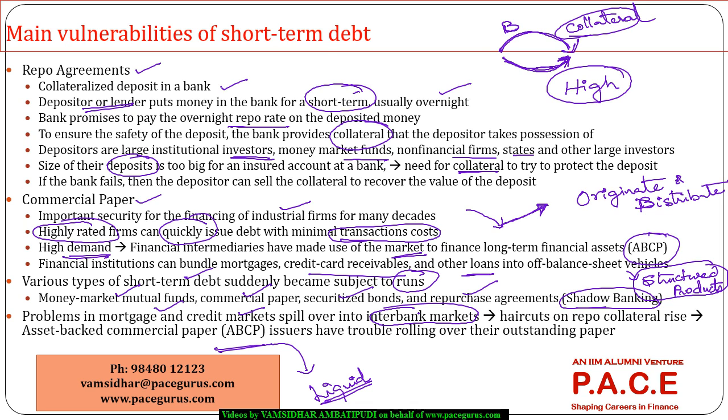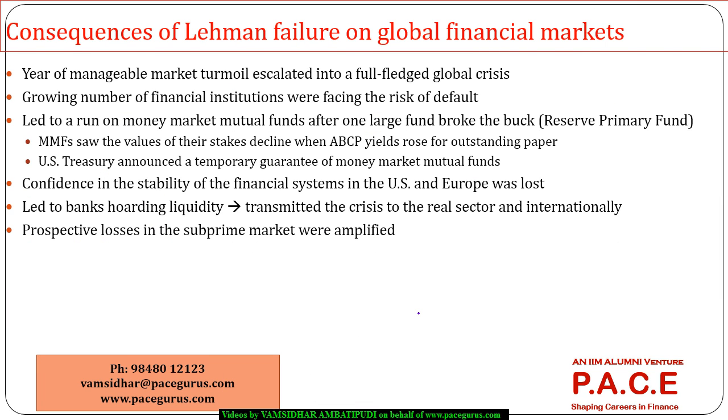So this is where the major vulnerabilities came up, especially with respect to short-term debt. And in September 2008, Lehman collapsed. Until Lehman failed, the industry was thinking of a manageable market turmoil.